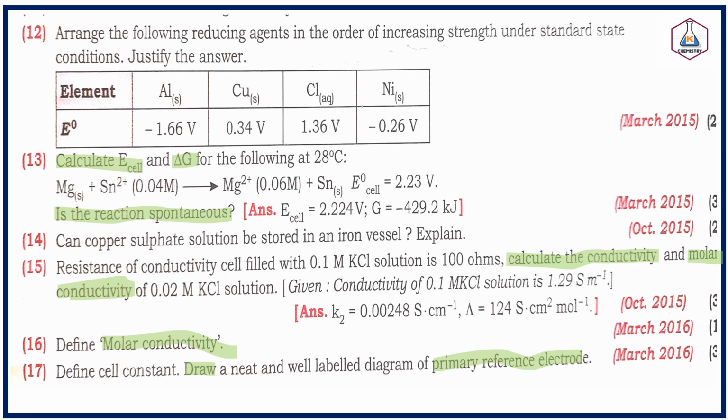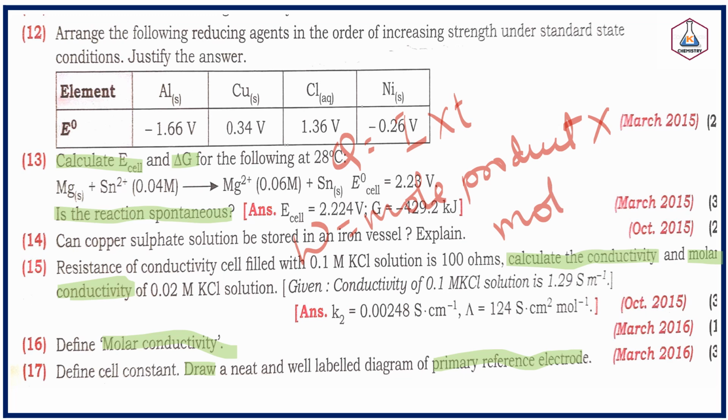I will tell you the important formulae on which examples are often there. How to find the quantity of electricity passed: Q equals I into T, where I is expressed in amperes and T is time taken in seconds. Then one important formula, the amount of metal deposited on the electrode: W equals mole product into molar mass.